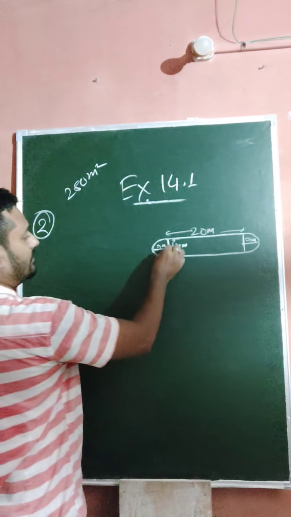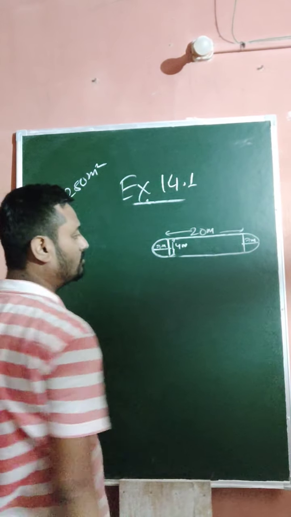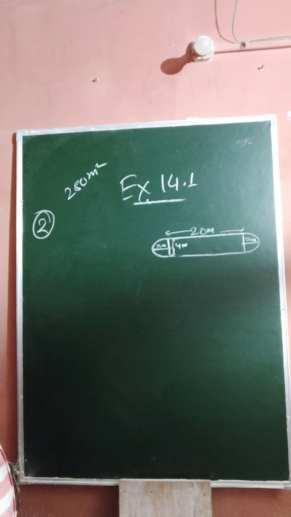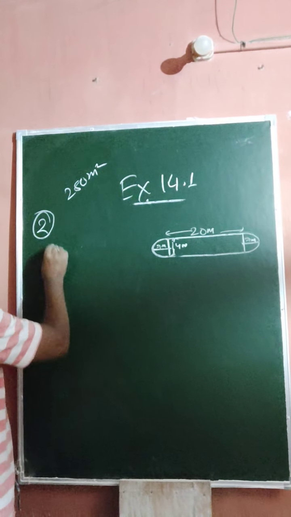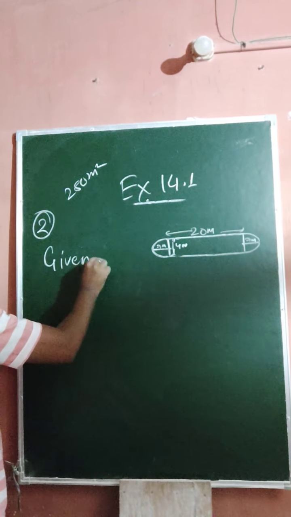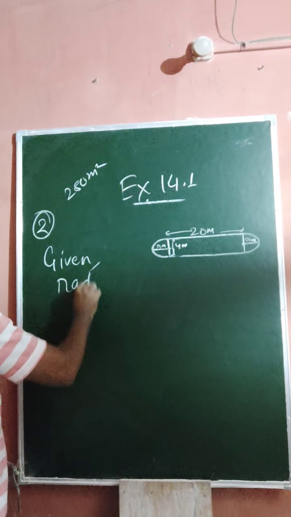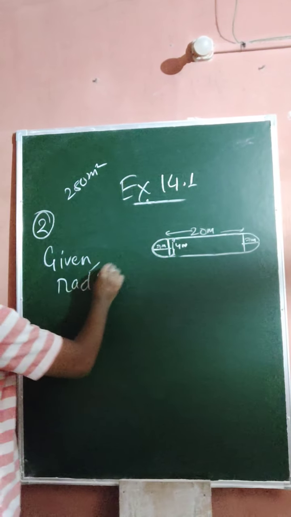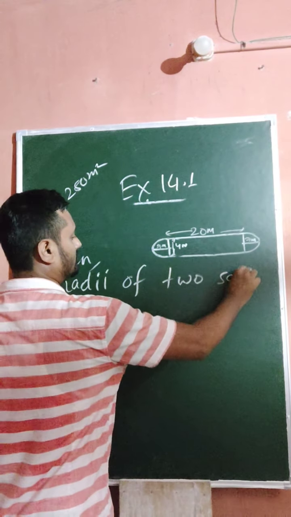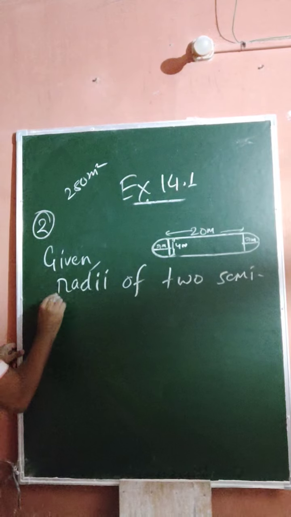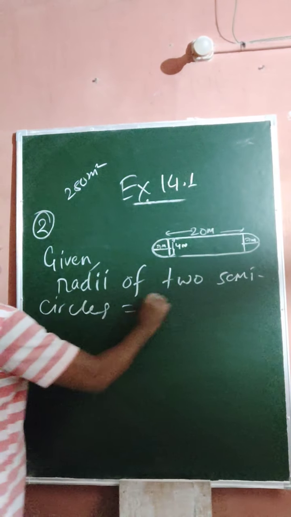Now the radius of the two semicircles is the same, so you can write it in one single sentence. Given the radius of the two semicircles equals 7 meters.